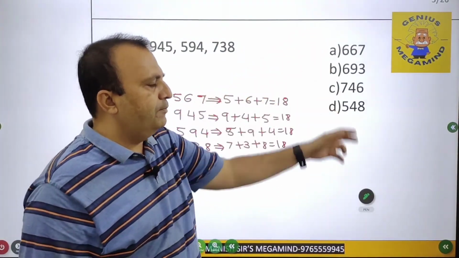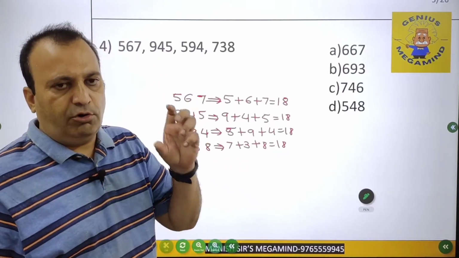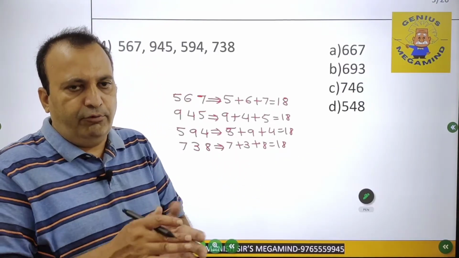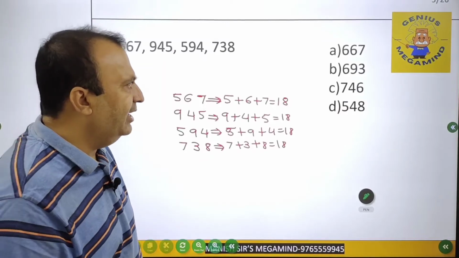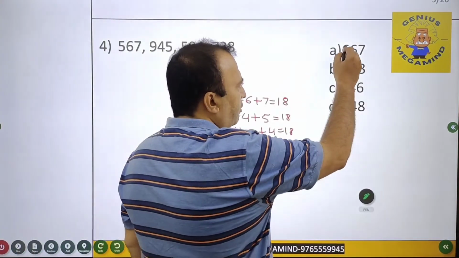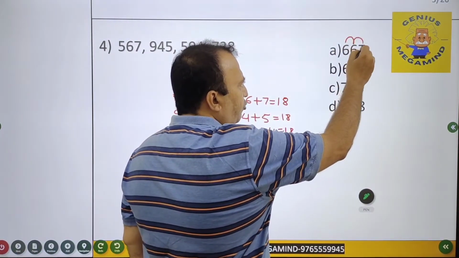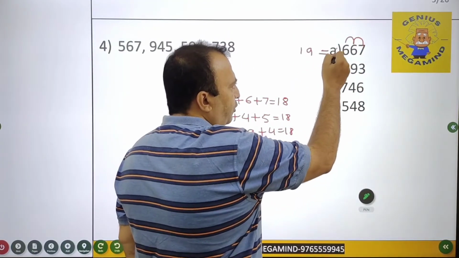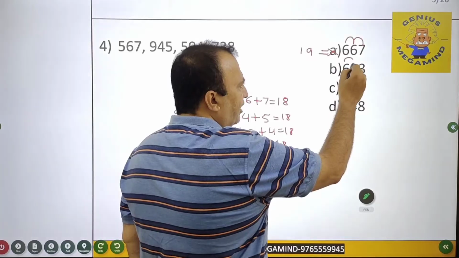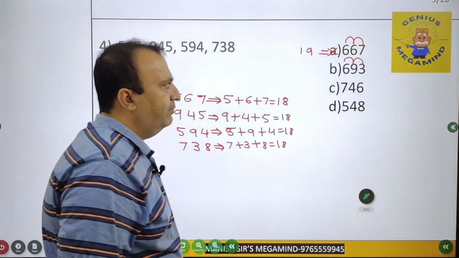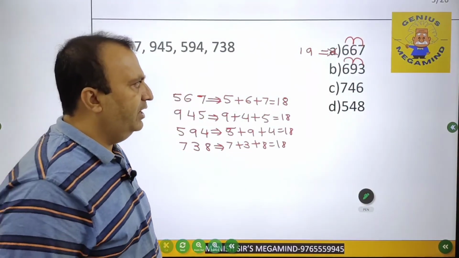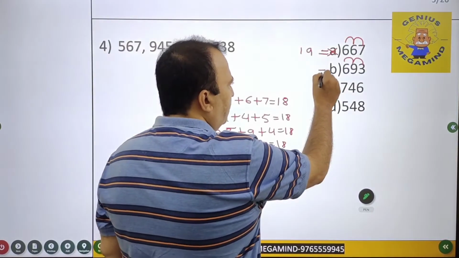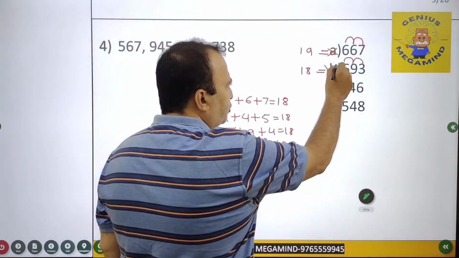So from the options we have to check out the option, the addition of whose digits will be what? 18. Now over here, the first option, 6 plus 6, 12. 12 plus 7 comes out to be what? 19. So this is not possible. Then the second option, 6 plus 9 plus 3. 6 plus 9 is 15, and 15 plus 3, my friends, is what? 18. So this is the most possible option.